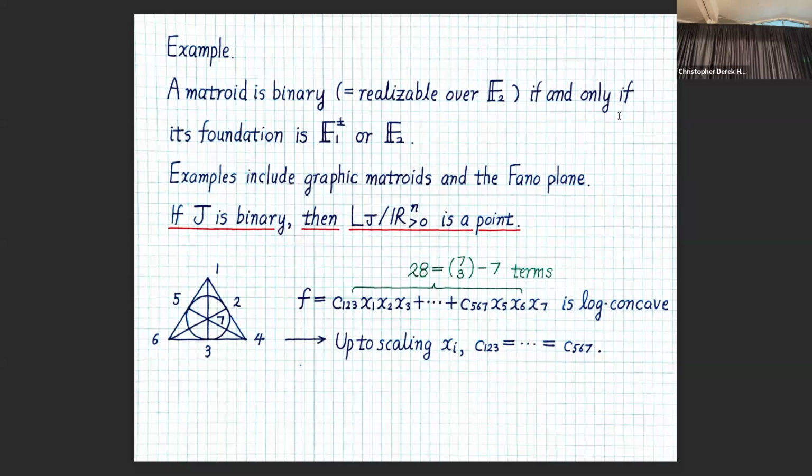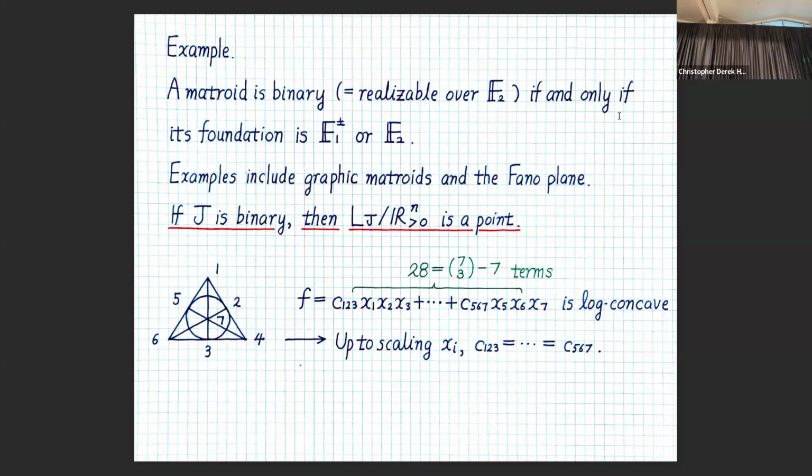And you can show that the matroid is binary if and only if its foundation is F1 plus minus or F2, because not many things map to F2. Examples include graphic matroids and some of the non-graphic binary ones, including the famous Fano plane of all 7 points of P2 over F2, as you see here.